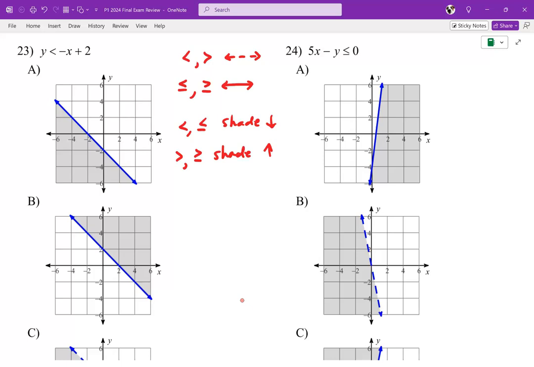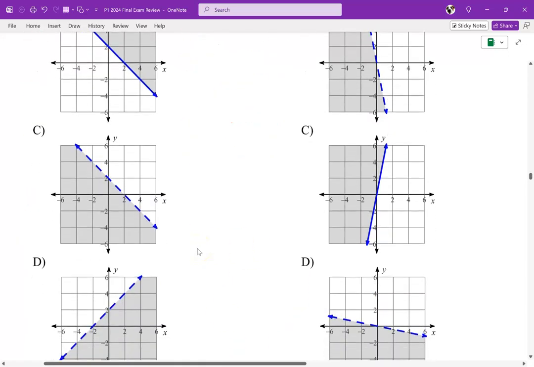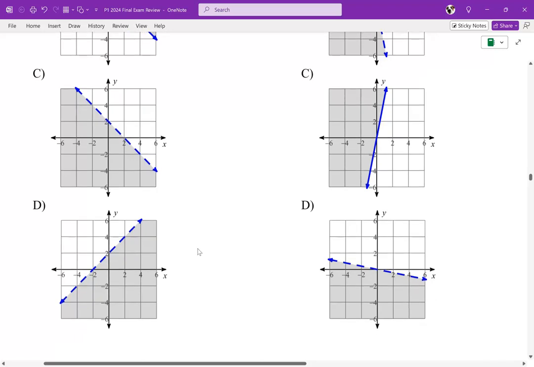So is A dashed? No. Is B dashed? Is C dashed? Yes. Is it shaded below? All right, so that might be an option. Is D dashed? Yeah. Is it shaded below? Yeah. So it's either C or D. Now, there's one more hint. What was my slope for this one?